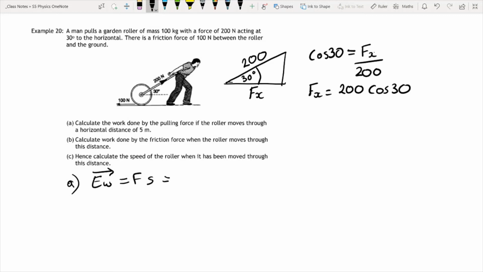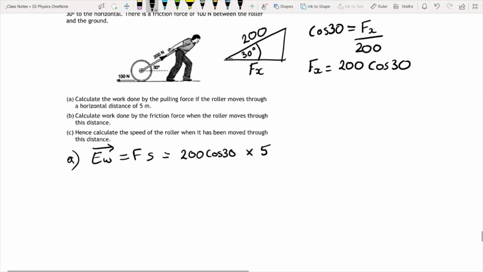So 200 cos 30 times by the distance of 5 meters. The reason I don't work it out beforehand is just because it's easier to write down rather than something point something. So you put that into your calculator, you come out with 866 joules.